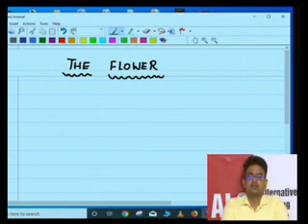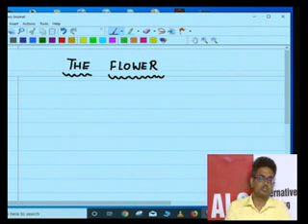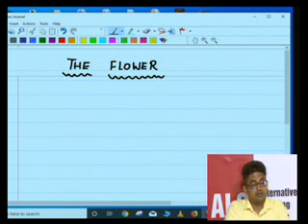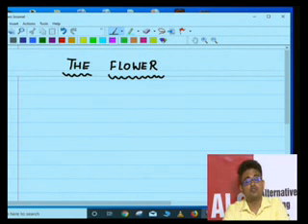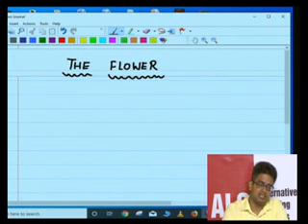Okay. So when we talk about the flower, we now refer to a reproductive organ. What is the main function of the flower? It is to help in reproduction. A flower is a modification or arrangement of different leaves which have formed a colored or non-colored pattern. The floral parts are basically modified leaves.